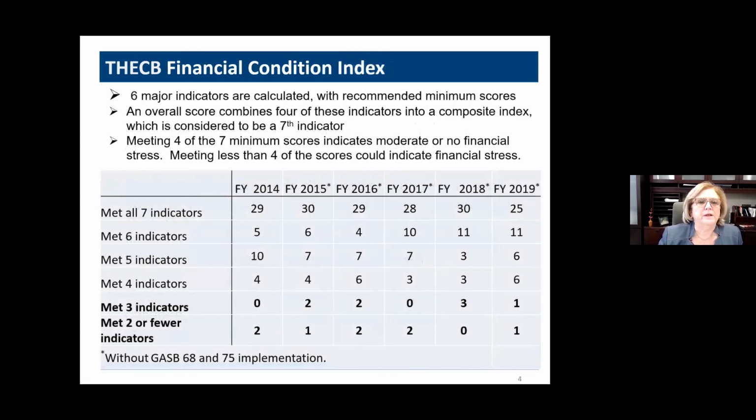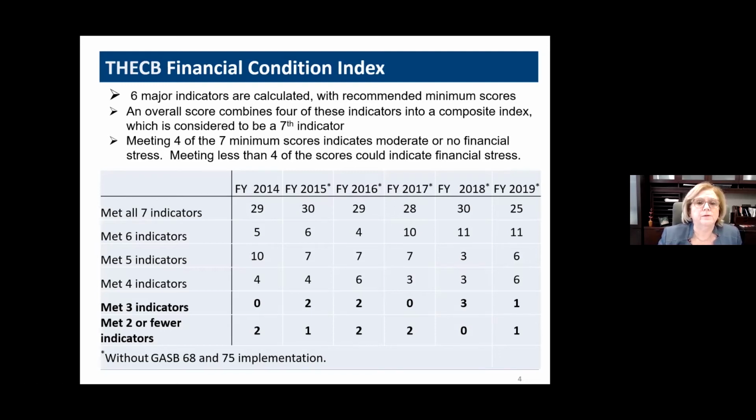There are 6 major indicators that are calculated, and there are minimum or maximum scores that are set on each one by the state. An overall score combines 4 of these indicators into what's called a composite index. So that composite index becomes the 7th indicator. Meeting 4 of the 7 minimum scores indicates that there is moderate to no financial stress at a college.